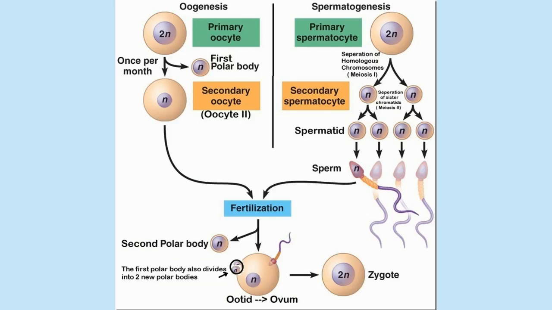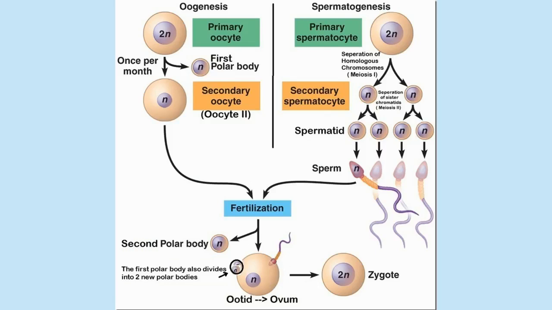So kung mapapansin natin, with the difference between the spermatogenesis and oogenesis, after undergoing the 5 stages in the spermatogenesis, it produces 4 mature sperm cells. But in oogenesis, right after undergoing the stages, it produces 1 ovum and 3 polar bodies.